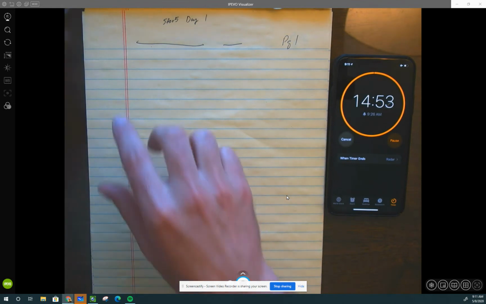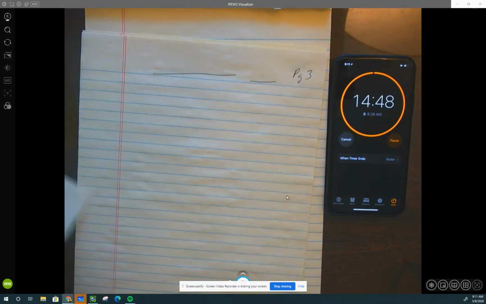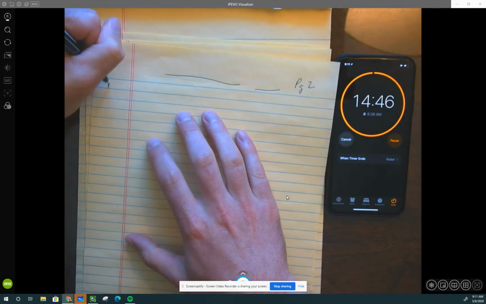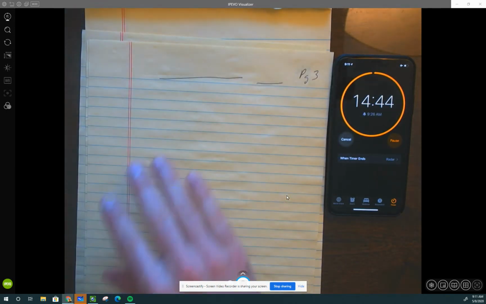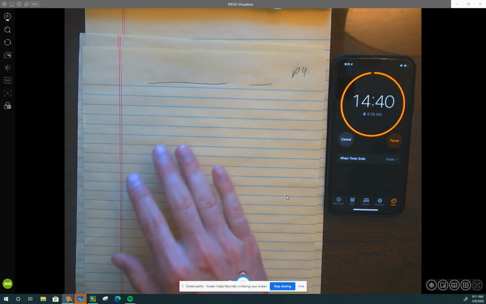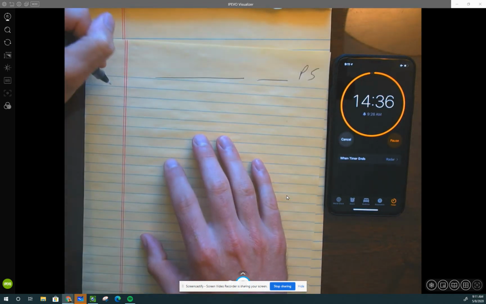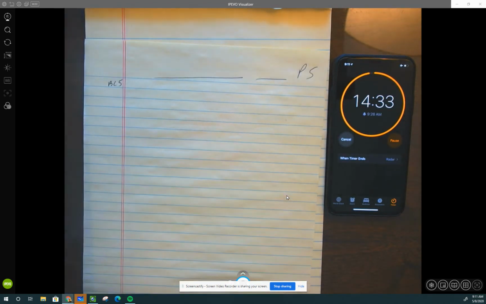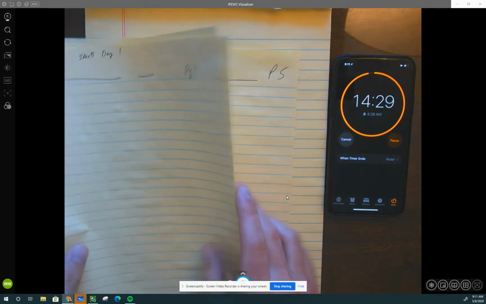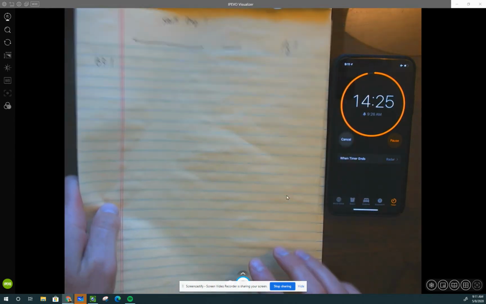So that means I'm going to be able to do BC 1, BC 2, BC 3, BC 4, and BC 5. And I know that sounds silly to do, but it's a good way to just be more organized and have it labeled, because you got to have it labeled at some point.